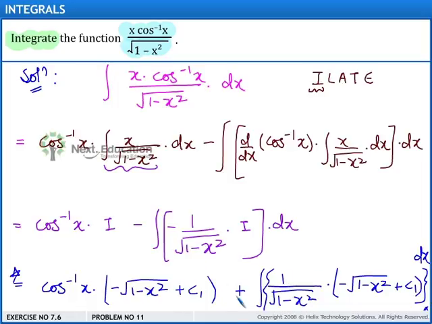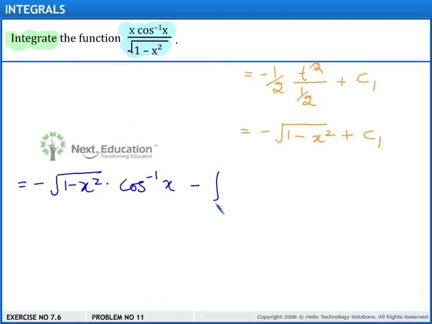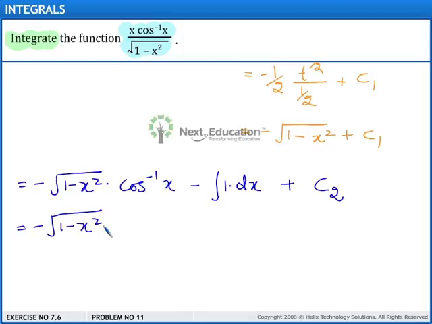Then we have here, taking minus sign outside, integral of 1 into dx plus the constant c2, which can further be written as minus integral 1 minus x square into cos inverse x.